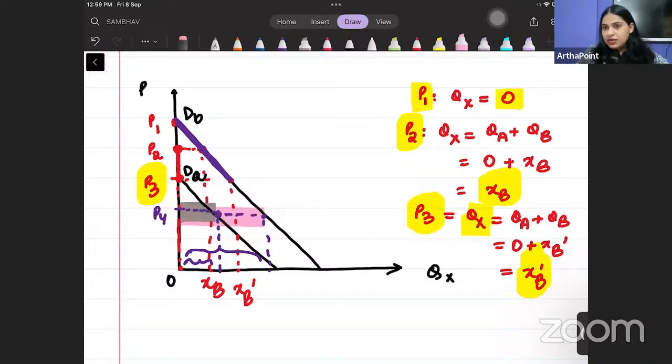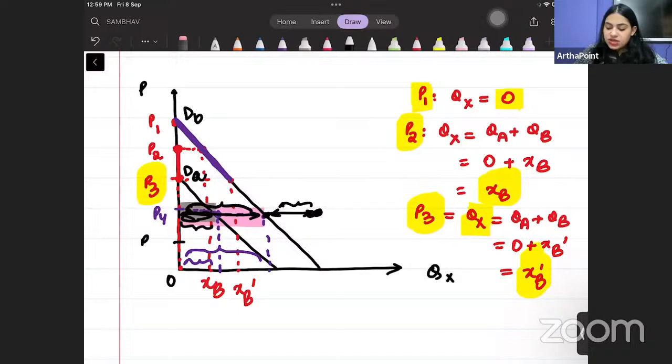Then I will get the demand in the market. So in the demand of B, I must add the demand of A to get the demand of the market. So the demand of the market totally will be this much. This much is the demand of B at that price, and in that I added how much A demanded.